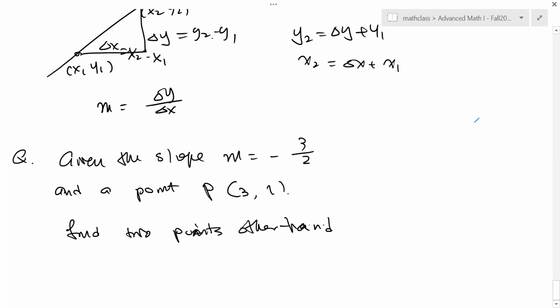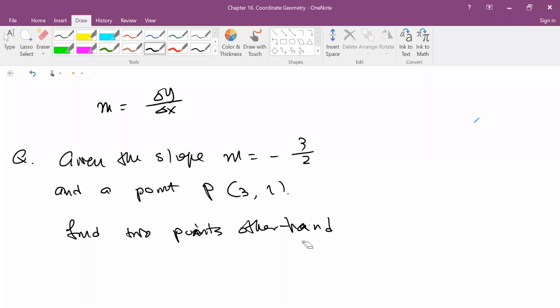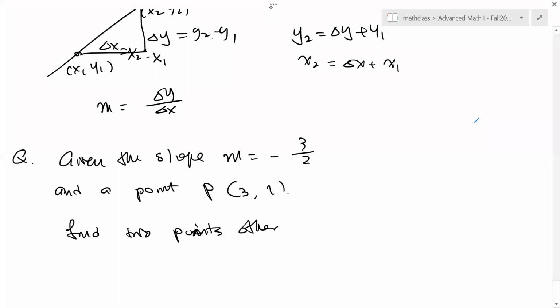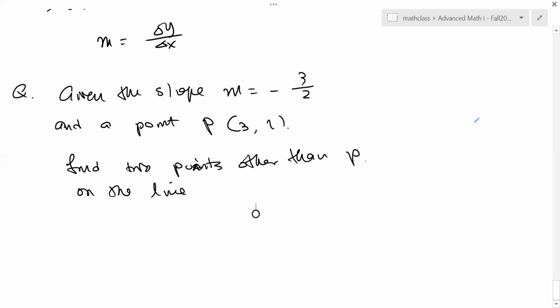Right. Other than the given one, on the line. Now the question, how do you do this? There are so many points on the line, right? We know this is a point P, and the slope is negative, looks like that.